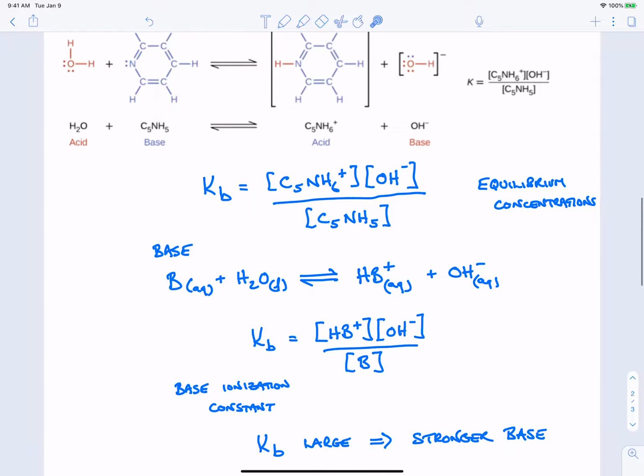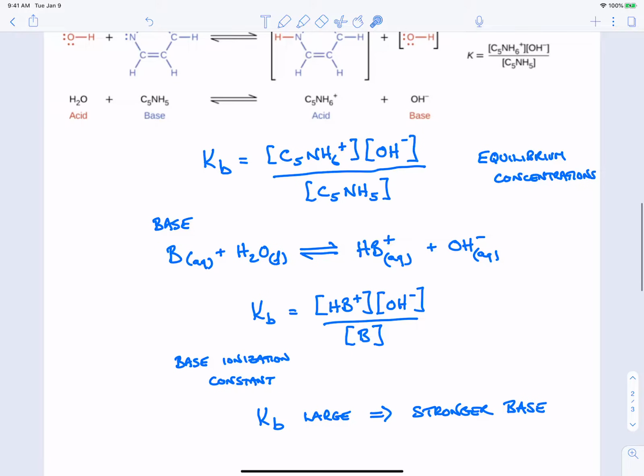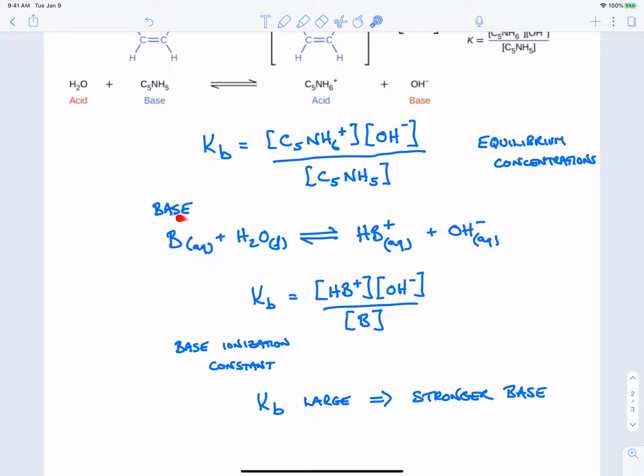And so we could also say for a general base, here's the base, it accepts a proton from H2O, which acts as an acid. It produces HB+. So in this particular case over here, this is what we see. And then we have this OH- ion, which is not surprising, because when we talked about Arrhenius and Bronsted-Lowry definitions, we often saw this OH- in the presence of bases.